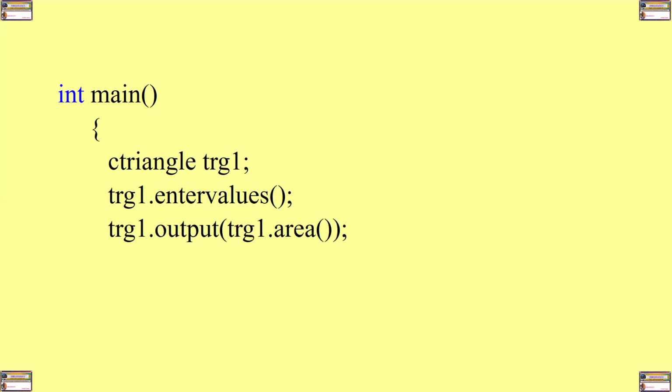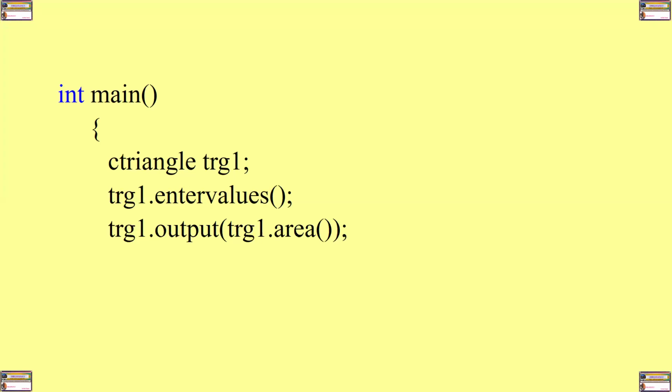I repeat, when this statement is invoked, you can see that the function called area has been included in the invoking statement as a parameter. What does that mean? It means that when this statement is executed, the function called area, which belongs to the derived class called CTriangle, will be invoked.